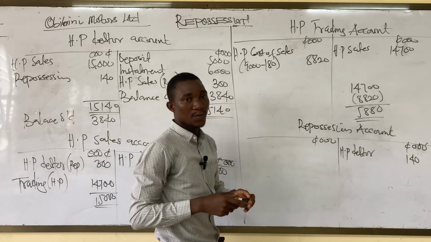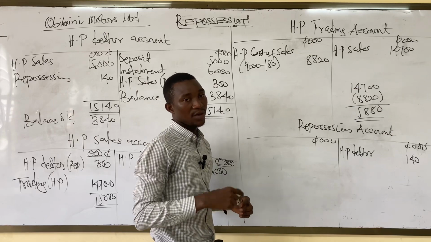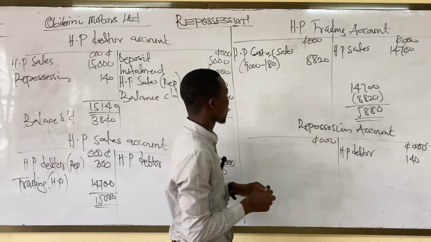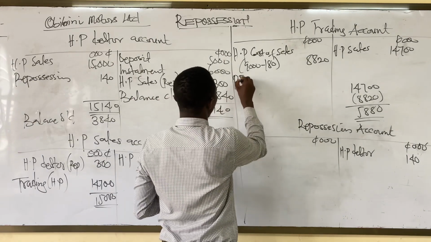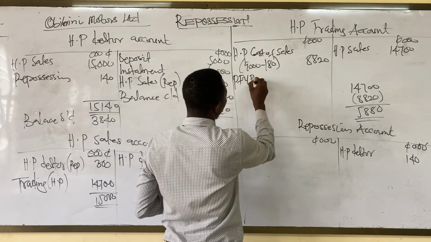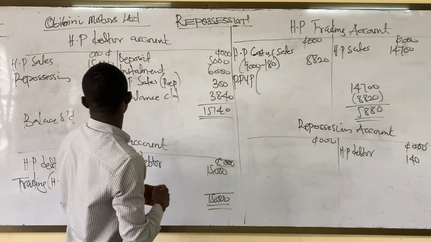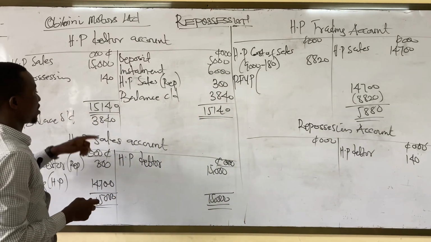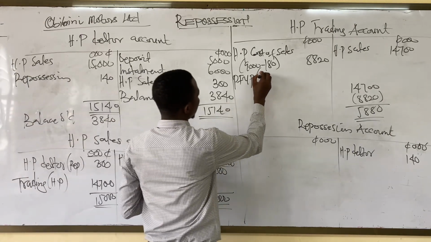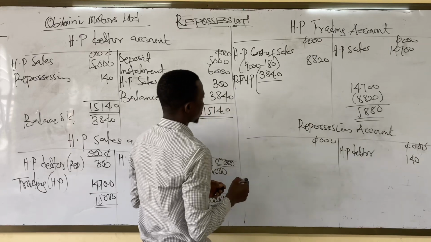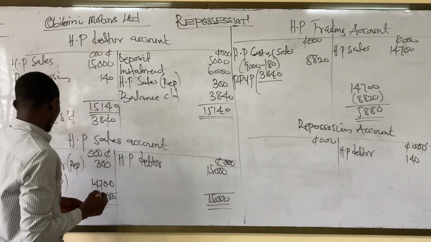But because we are using the provision for unrealized profit method, we need to calculate a provision for unrealized profit on this gross profit. So for provision for unrealized profit, we know the formula to be the high purchase debtors balance, which is 3,840, over the high purchase sales.